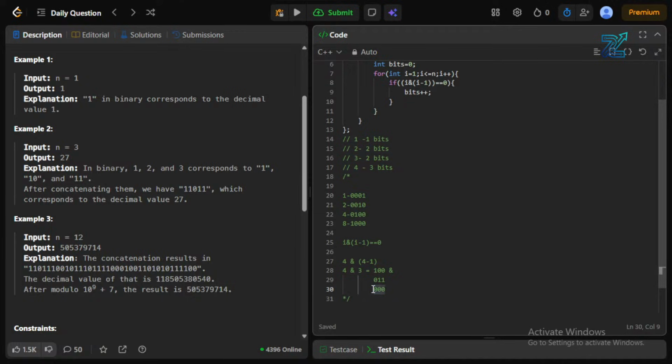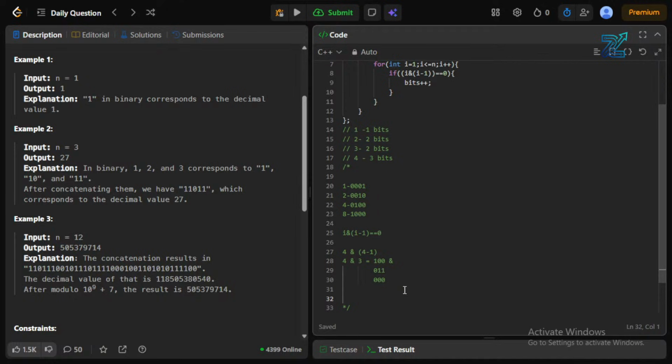So whenever we are getting this 0, that means i is a power of 2, right? See, our i is what now? i is 4, so i is a power of 2. So when we are getting 0 here, that means i is a power of 2. Then we will increment the bits, right? So why? Because for 1 we will get 1 bit.